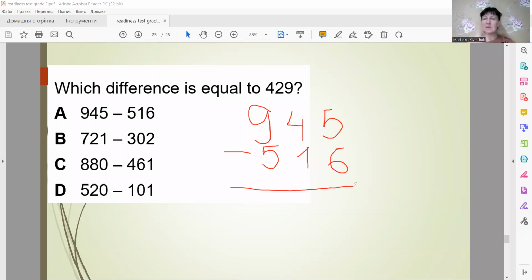Okay, again, we start with ones. Can I do 5 minus 6? No. What do I do? I borrow 1, I write it here, I see number 15. 15 minus 6 equals 9. I borrowed, it's no more 4 here, it's 3 here. 3 minus 1 is 2. 9 go down. 4 minus 0 is 4. 429.